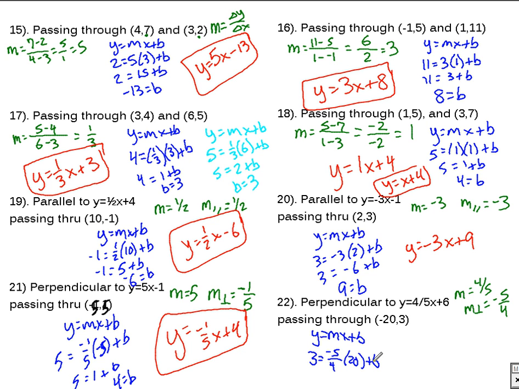Do the division first. 20 divided by 4 gives you 5. 5 times negative 5 is negative 25. So that means you'll add 25 to both sides, and that's how you get 28 equal to b. So your final answer here is y equals negative 5 over 4x plus 28.